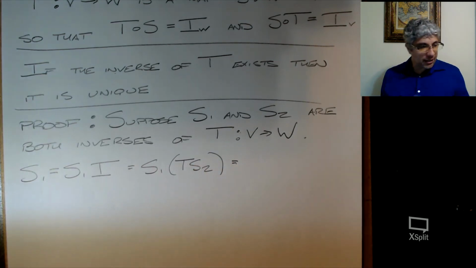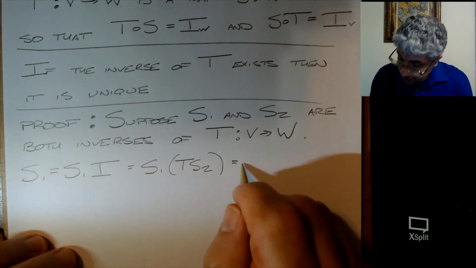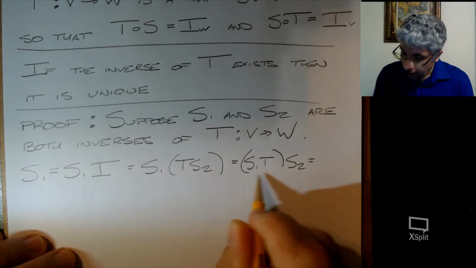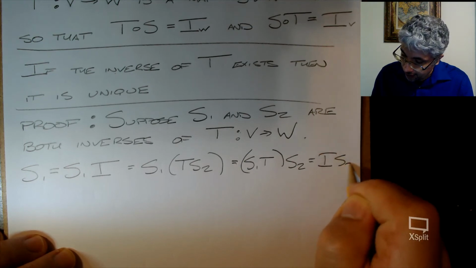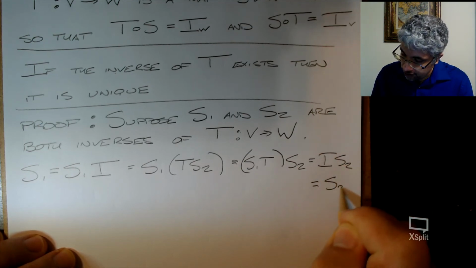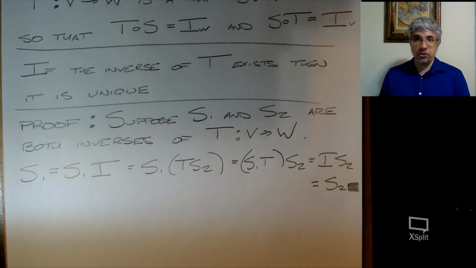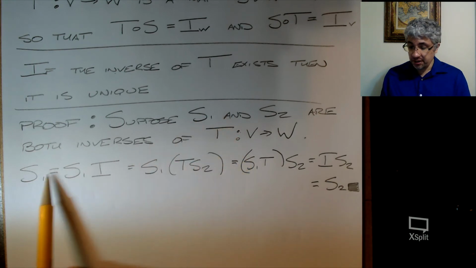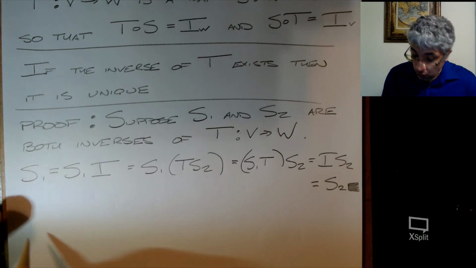And the reason I like this one is it's going to allow me to use associativity. S1 and T cancel each other out, giving me I S2, which is equal to S2. I showed that S1 and S2 were the same, so I'm done. We assumed that they were both inverses, and they must be the same. For any two things that are inverses, they must be the same. Therefore, there can only be one.